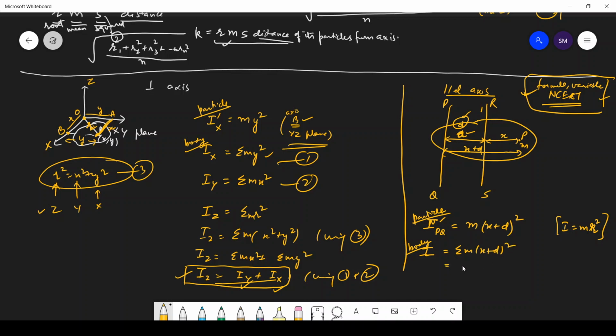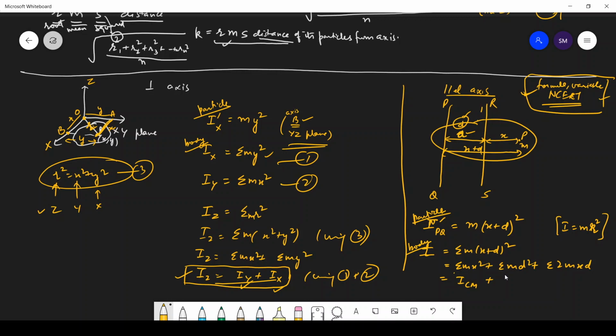Now that's equal to summation mx square plus summation md square plus summation 2mxd. And so what is this value? Mx square is your inertia of the whole body about the center of mass. Yes, that's the formula. We have the inertia about the center of mass.